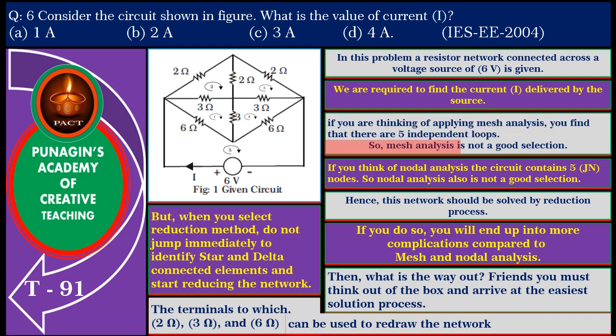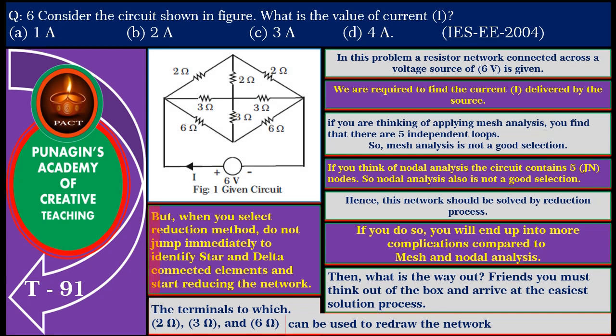So, mesh analysis is not a good selection. If you think of nodal analysis, the circuit contains 5 junction nodes. So, nodal analysis also is not a good selection. Hence, this network should be solved by reduction process.